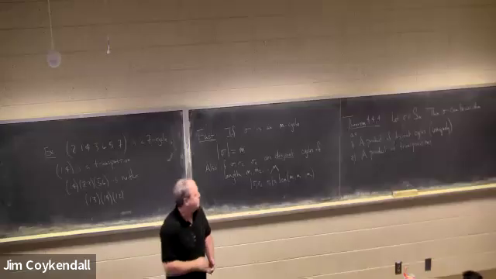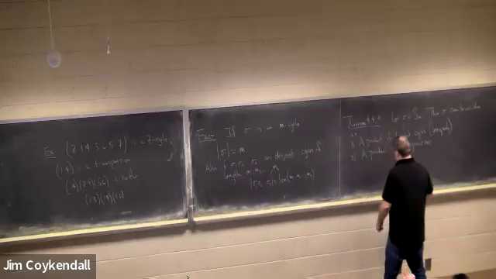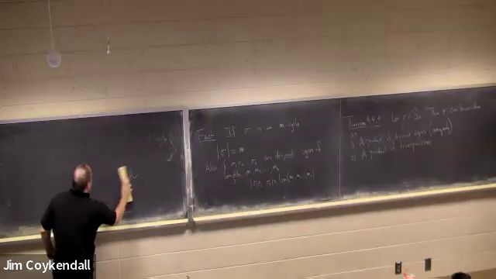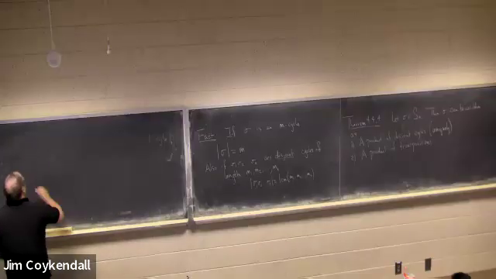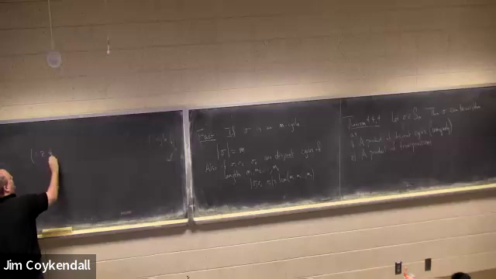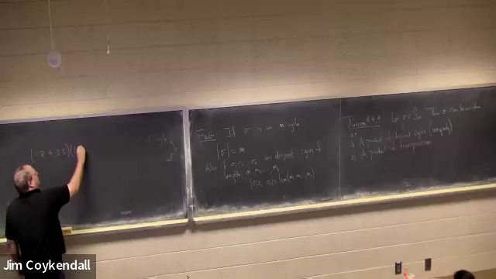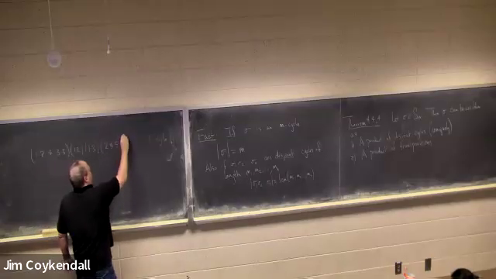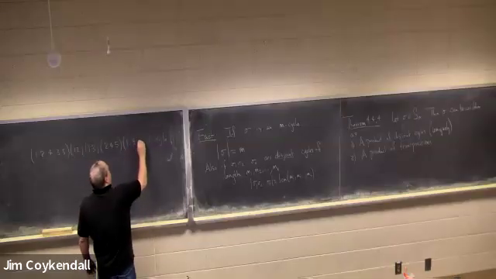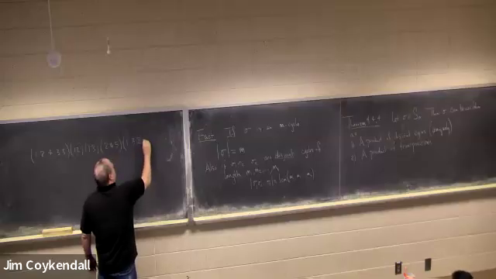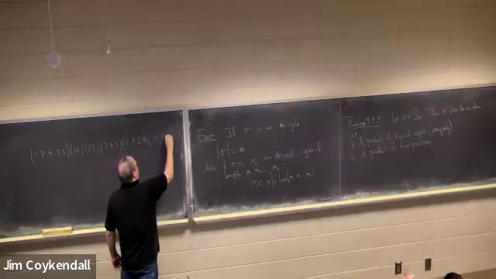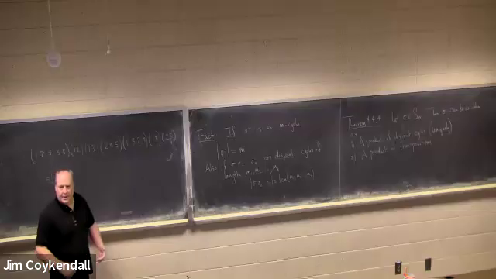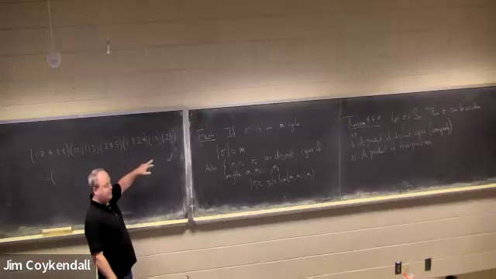Okay. The product of disjoint cycles. So if I take an arbitrary permutation, notice this algorithm that I taught you basically tells you how to write the function.